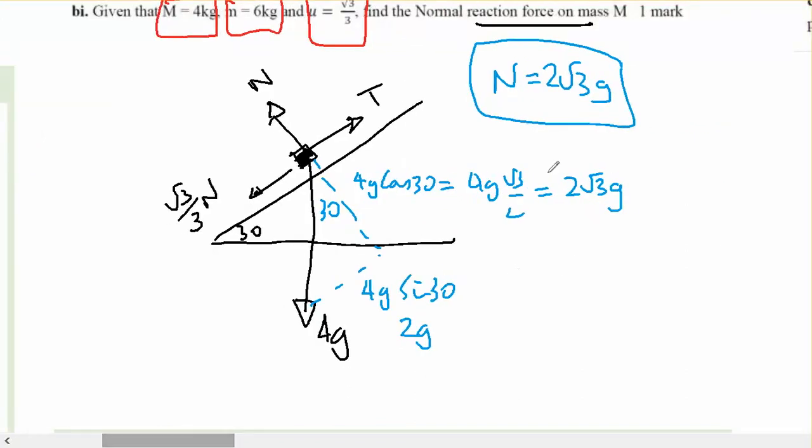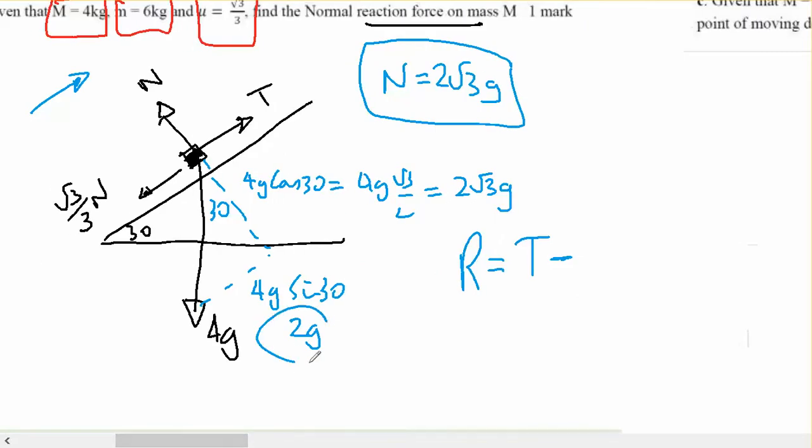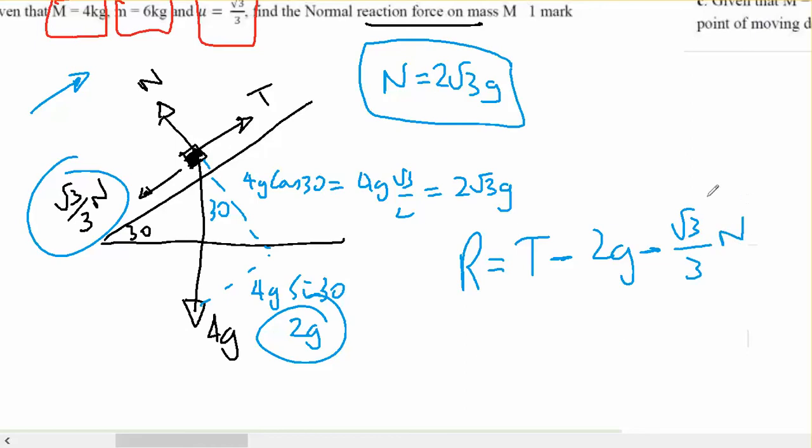So I would say the resultant force in the direction of motion, which is up, will equal T minus any forces in the opposite direction, which will be 2g and root 3 on 3 N. And root 3 on 3 times 2 root 3 g, the 3's will cancel, that should leave 2g.